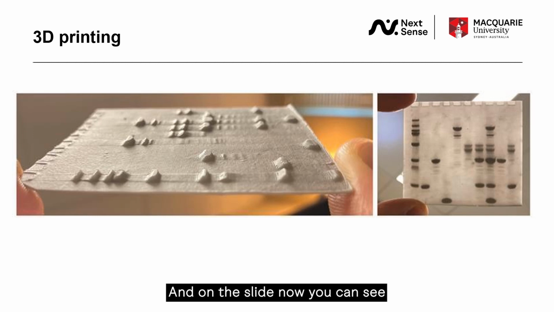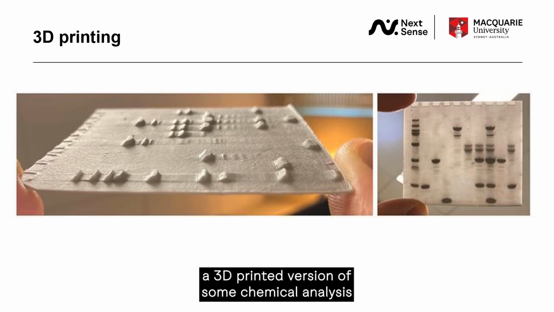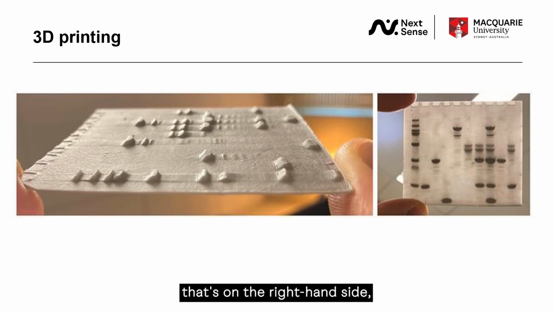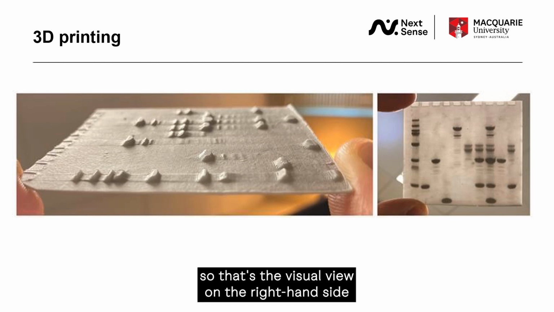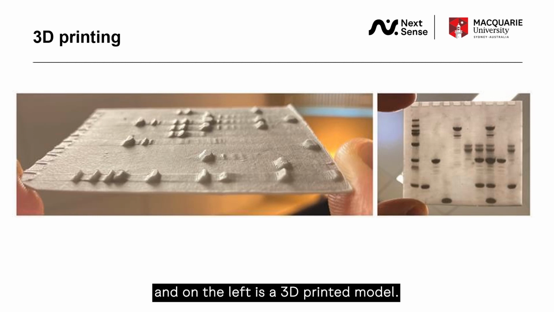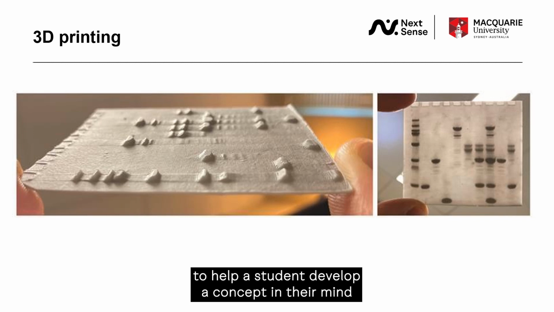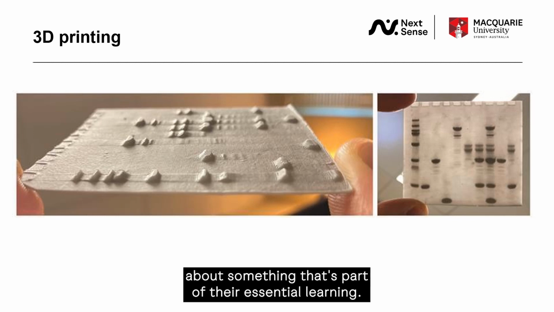On the slide now you can see a 3D printed version of some chemical analysis that's on the right hand side. So that's the visual view on the right hand side, and on the left is a 3D printed model. So 3D printing can be a very efficient way to help a student develop a concept in their mind about something that's part of their essential learning.